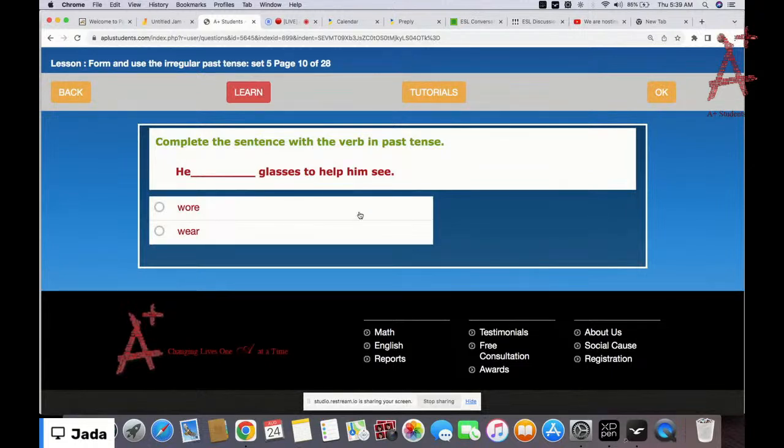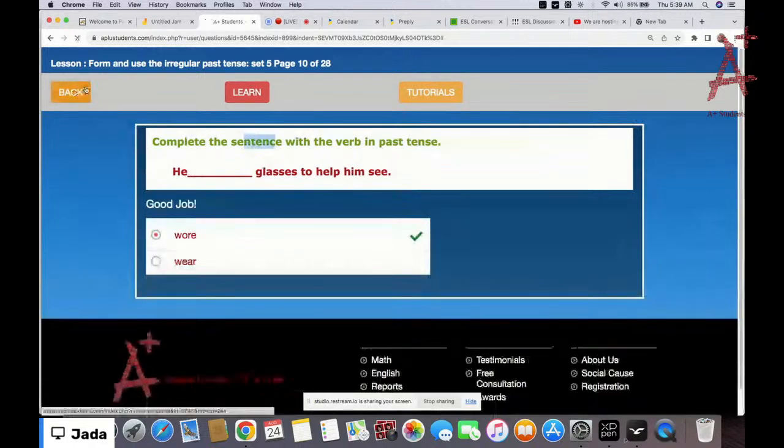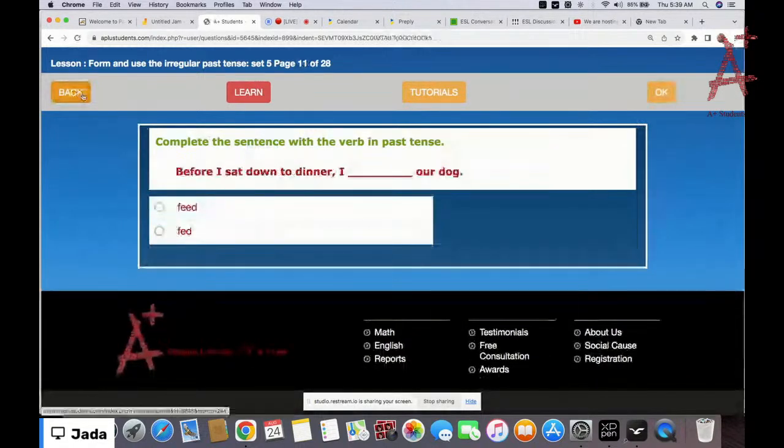Okay. So everybody, that's basically it, and that's what this test is all about. Okay, you just need to follow the pattern. All right. Once you follow the pattern, that's it. You're going to get your answers. So we have wore for this one, right? So you have to follow the pattern. Okay, it just has a particular pattern. Remember that it's for irregular verbs.